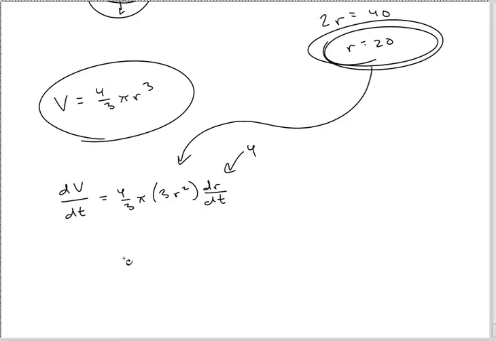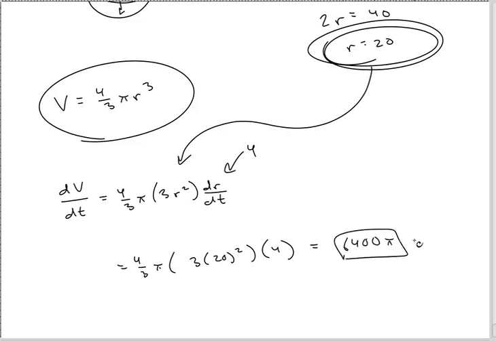Find dV/dt. So 4/3 pi, 3 times 20 squared times 4. Calculator, calculator, calculator. And I got 64,000 pi, and this is going to be millimeters cubed per second.